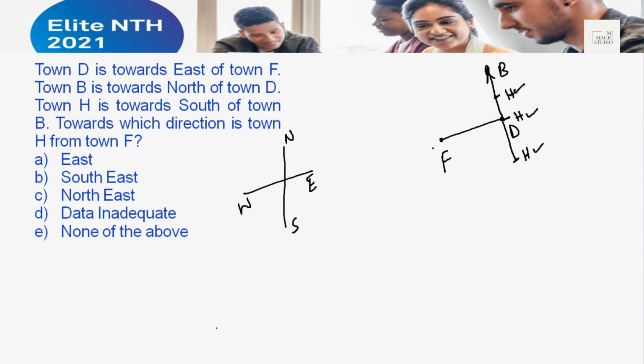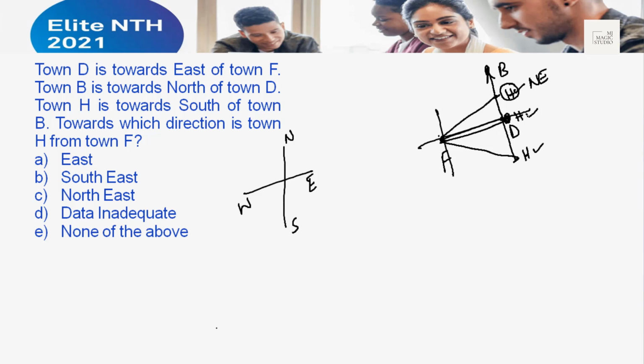Towards which direction is town H from F? If I take these three cases, I have three different directions to answer. If H is here, the answer may be north-east.